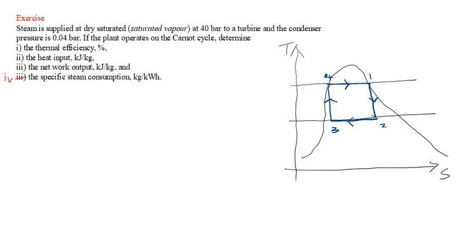And if we take our properties, our boiler pressure here, sorry guys, this is on the TS diagram, okay? So the pressure will be represented by this line. Okay, this is the pressure line. So this is our 40 bar.